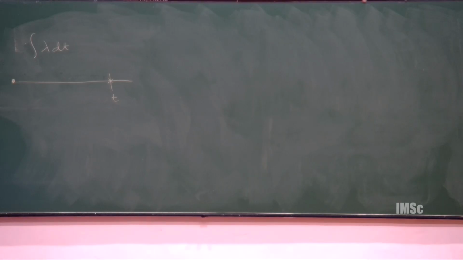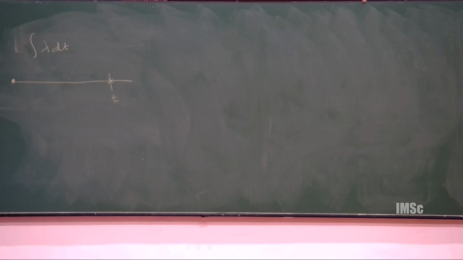But how would you do this? Given your knowledge of probability, what's the probability that it does not occur in the first time dt? Lambda is a number, lambda dt is a probability.